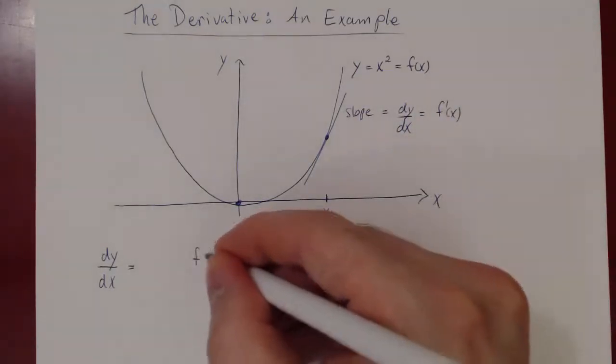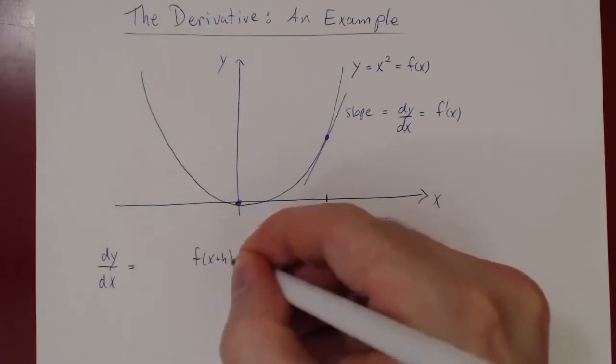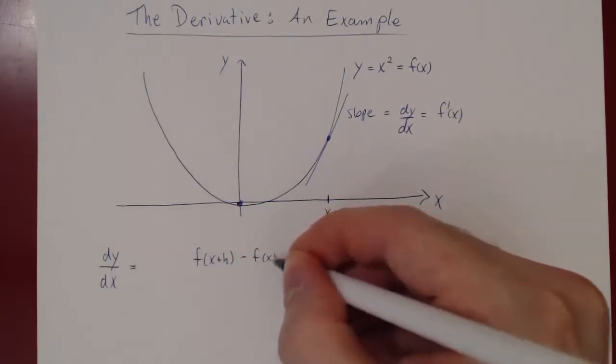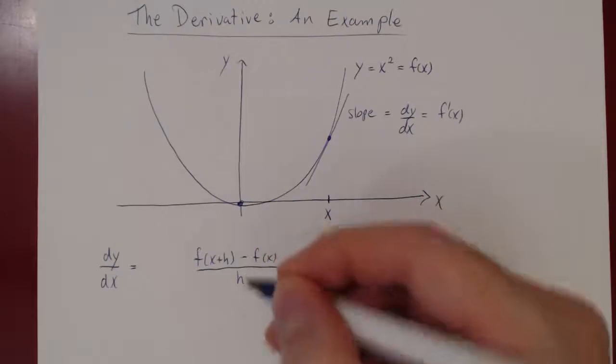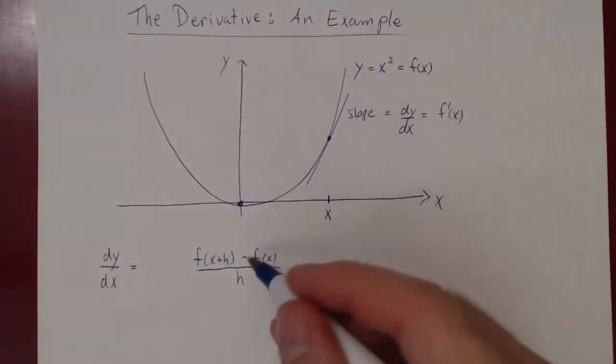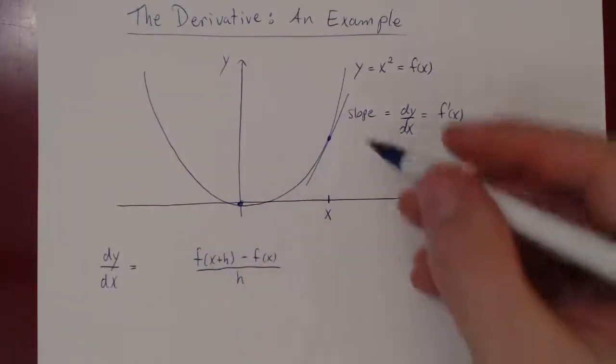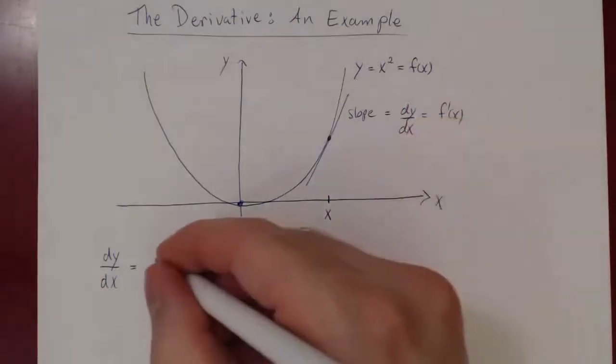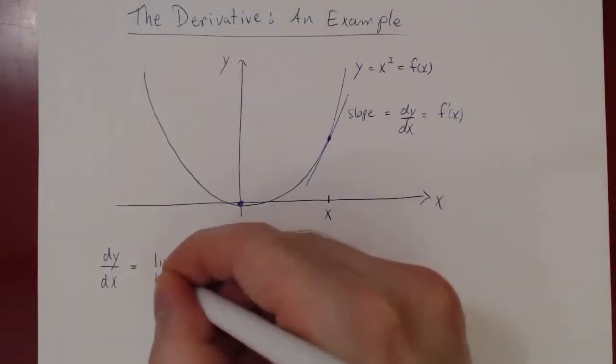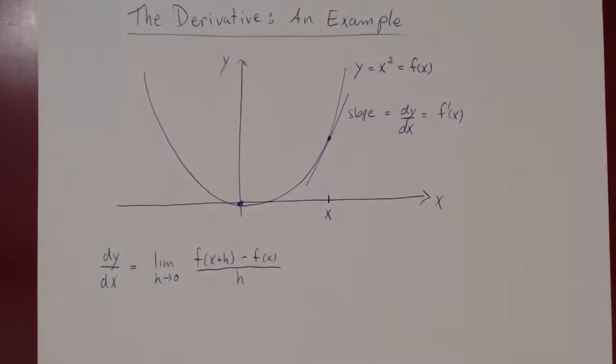So we take the slope of the secant line, so f of x plus h minus f of x divided by h, and to make the slope of the secant line become the slope of the tangent line, we have to let h approach 0. So let's see what happens.